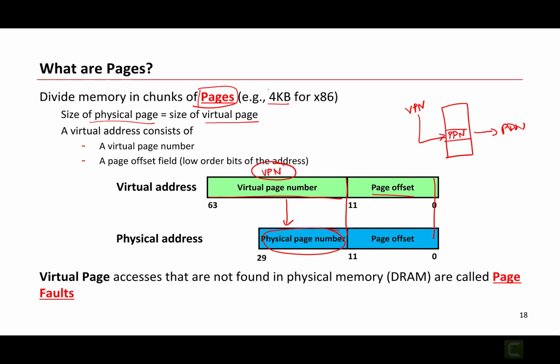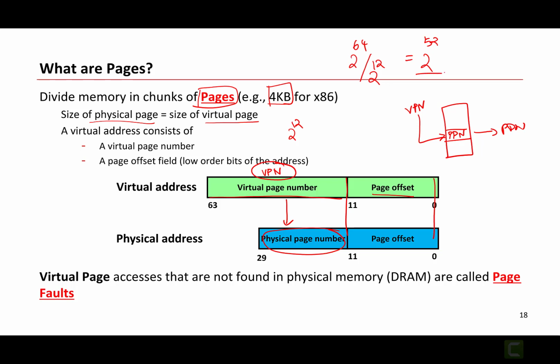So now if I increase my granularity to 4 kilobytes, the number of entries will decrease by a factor of 2 to the power 12. So before I needed 2 to the power 64 entries in my table. Now I would need only 2 to the power 64 divided by 2 to the power 12, so I would need only 2 to the power 52.